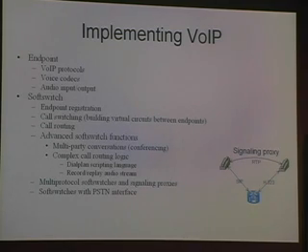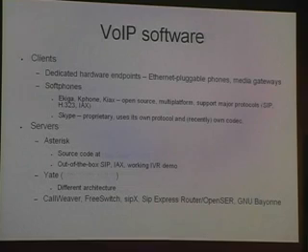You can have a bunch of devices which talk H.323, a bunch of devices which talk SIP, and they will talk to this server, but media will be passed directly between them, because the server will expose the IP addresses of the other party to each other, and everything will work. There are a couple of examples of voice IP software.